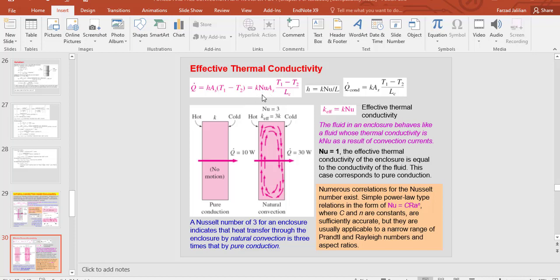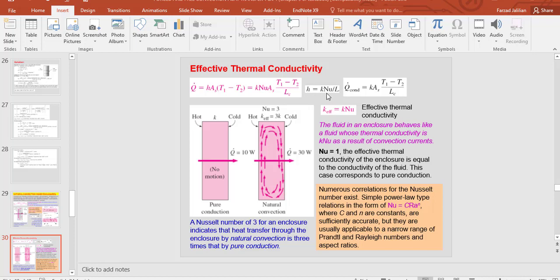You know that it is equal to k times Nusselt number divided by characteristic length. If you remember from the previous session, h is equal to k, or thermal conductivity, times Nusselt number divided by L_c, or characteristic length, as you can see here.